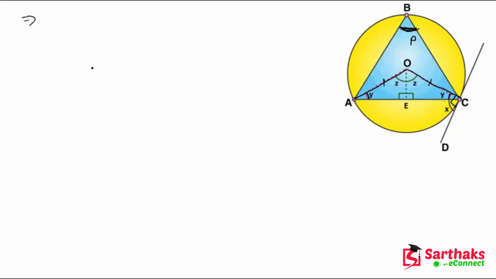So we can write that OC is perpendicular to DC, because the line segment DC is the tangent and OC is the radius. So angle OCD is equal to 90 degrees. Angle OCD is Y plus X, so Y plus X is equal to 90 degrees.